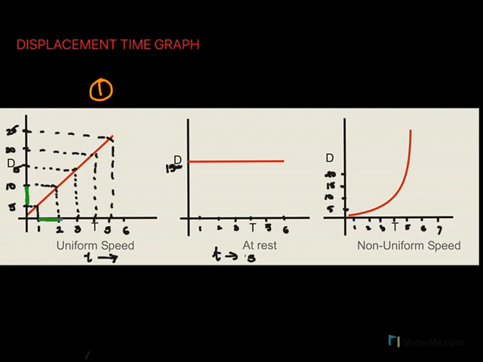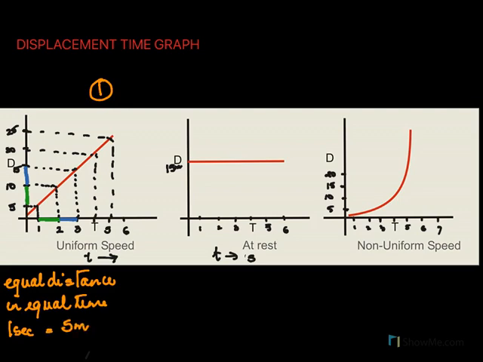For the next 1 second, the body moves another 5 meters. So this body is moving equal distance in equal time. For every 1 second, it is moving 5 meters.